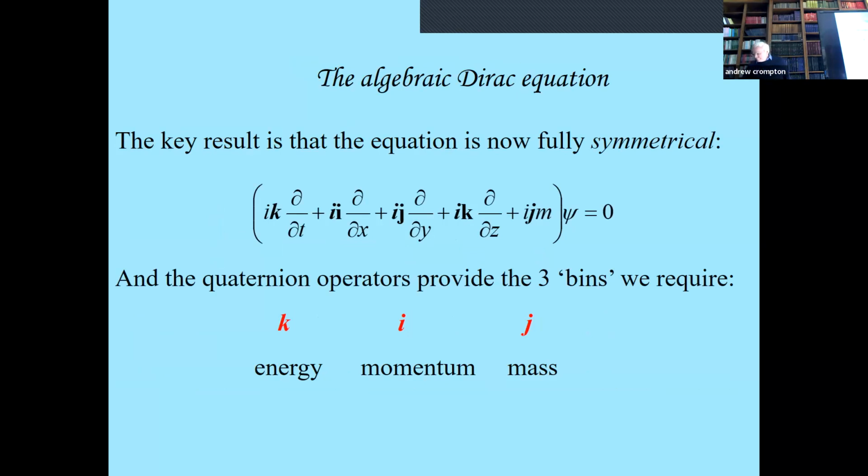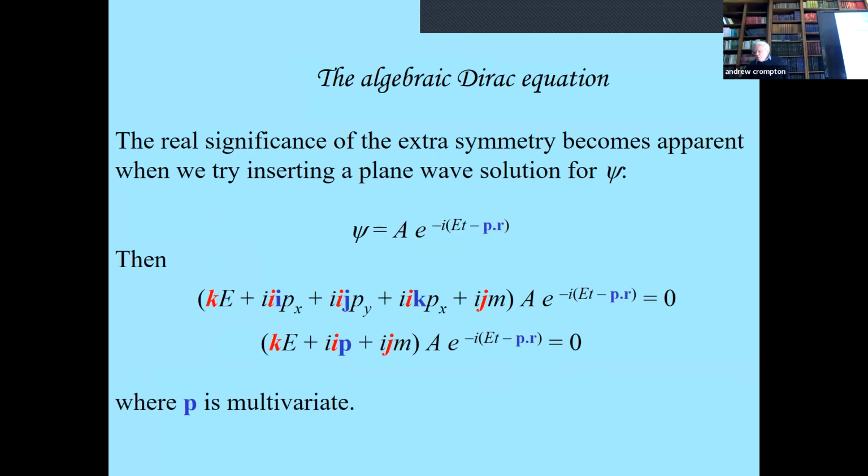That's what we would like. But what happens when we try a plane wave solution? So the plane wave is up there. It's a dead easy differentiation. We get that object there, the ke, etc. And I can abbreviate that by collecting the momentum terms together. And p is always multivariate.